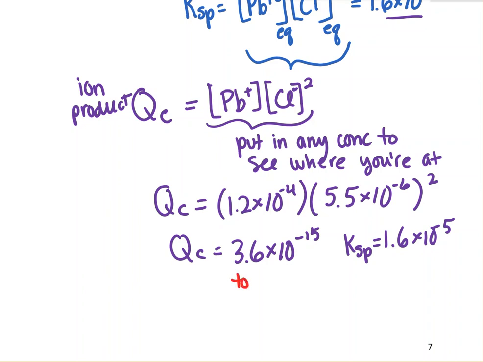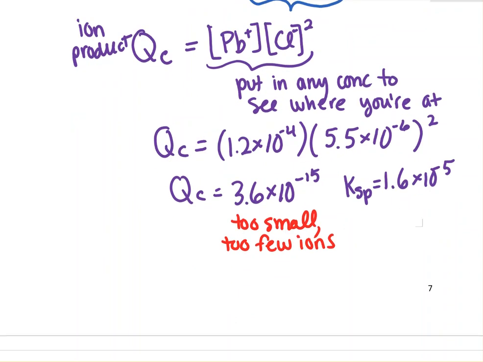So, since the solubility product is a product of the two ion concentrations, if this number is too low, it means we don't have enough ions. That means that the reaction will go this way. In other words, no precipitate.